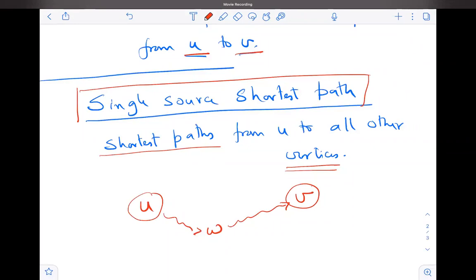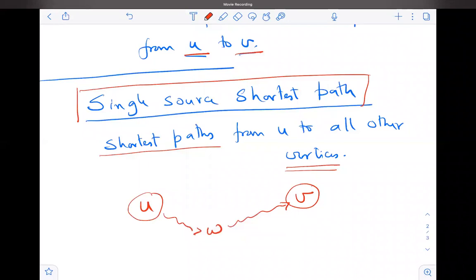Sir, if W is the vertex which lies on every path between u and v, then the shortest weighted path between u and v will be reduced to the shortest path between u and W and W and v.